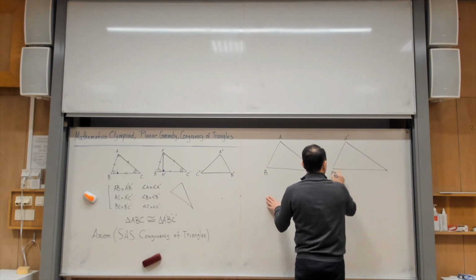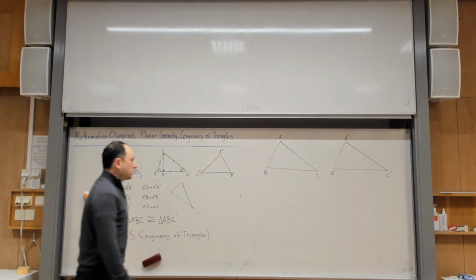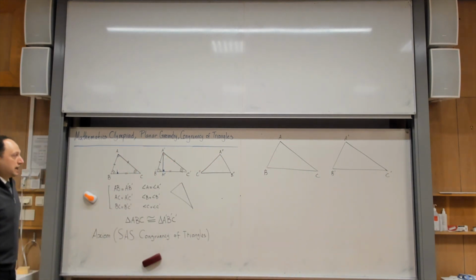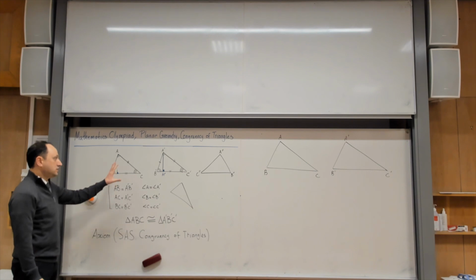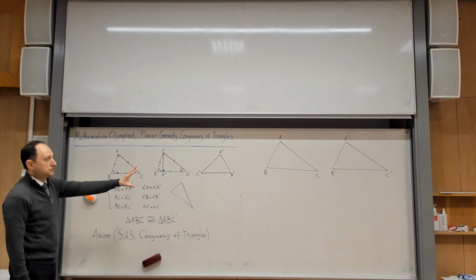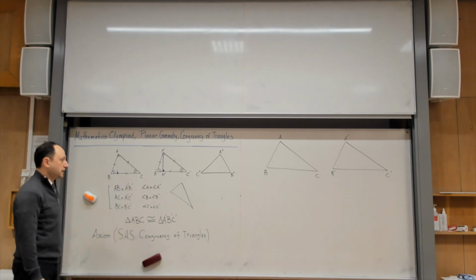So A prime, B prime, C prime. Assume that my goal is to show that these two triangles are congruent. In principle, I should check the sizes of 3 sides from this and the sizes of 3 sides from that. They have to match, and I also have to measure all the angles.